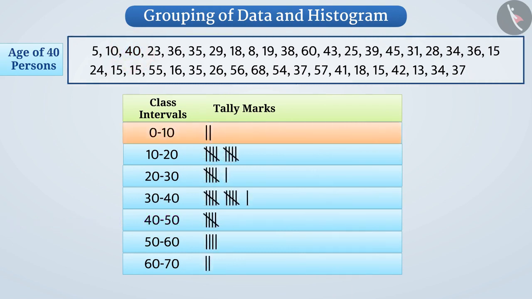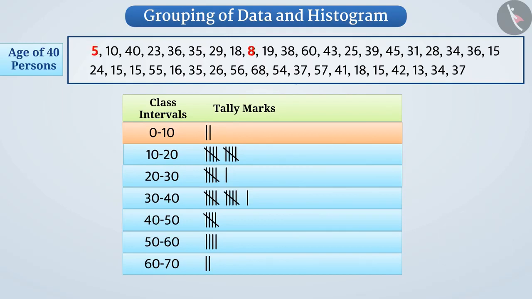Now here, there are two tally marks in the class interval 0 to 10. Can you tell me, what do you understand from this? Think. Let me tell you, these two tally marks denote observations 5 and 8.